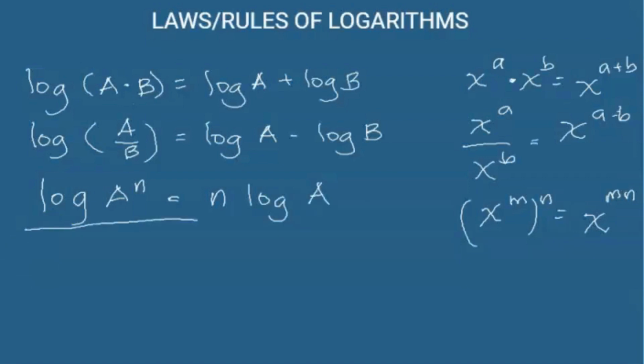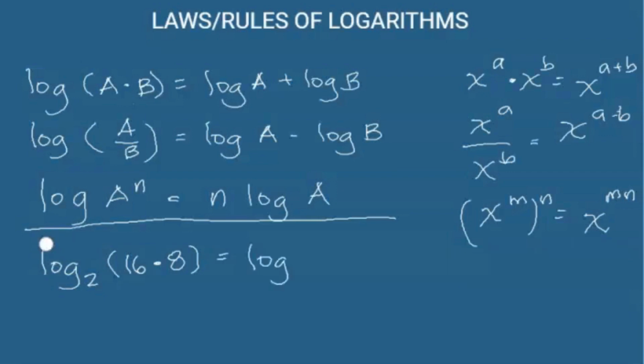Okay, let's have some examples. Let's say we have the logarithm base 2 of 16 times 8. Using the product rule, we have the logarithm of 16 base 2 plus the logarithm of 8 base 2. Let's evaluate this.